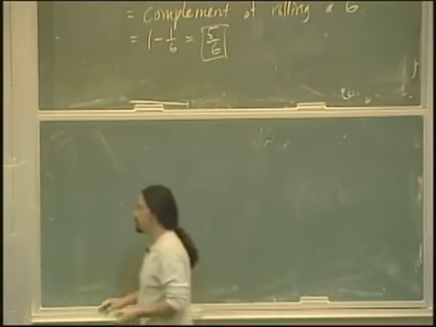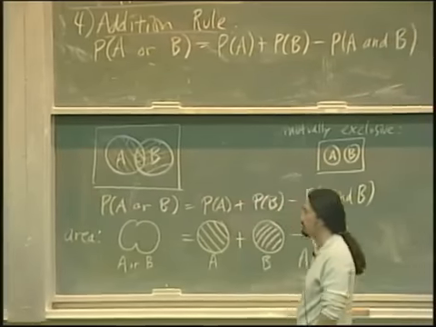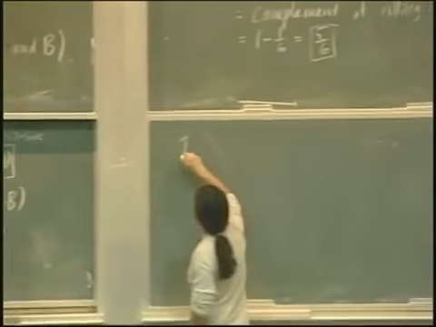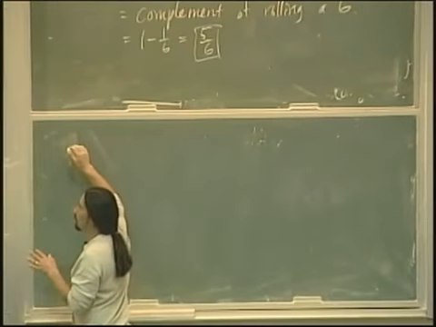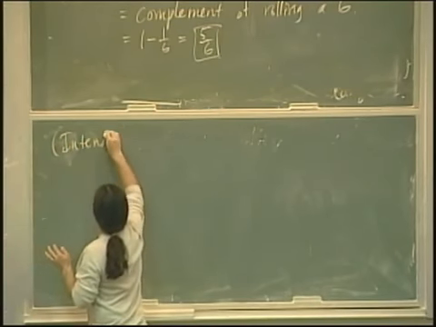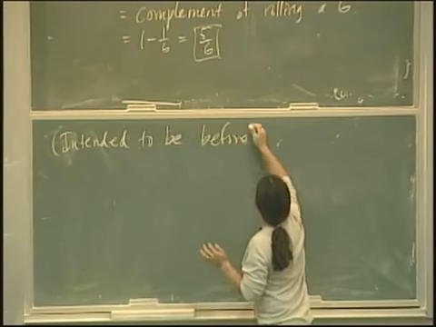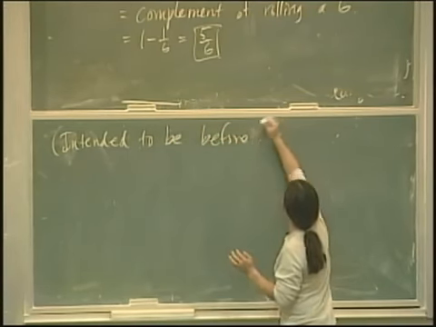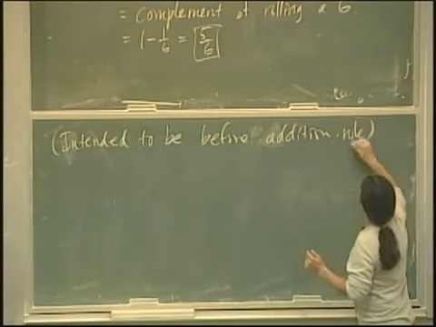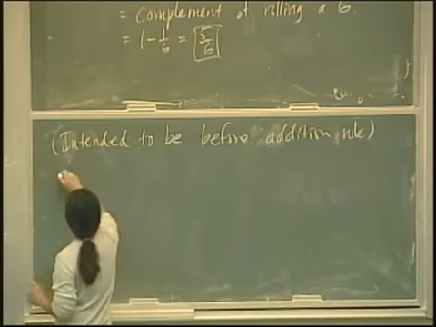I want to mention this while the idea of the multiplication rule is still relatively fresh, and the idea is to talk about independence. So I'll just say, intended to be before the addition rule. If you want to draw an arrow in your notes or something like that, because this is not relevant to the addition rule, what I'm about to say. Okay? So apologies for doing that out of order.